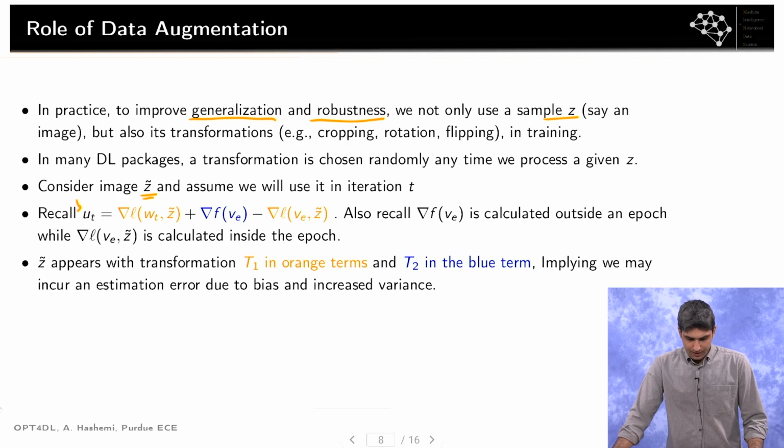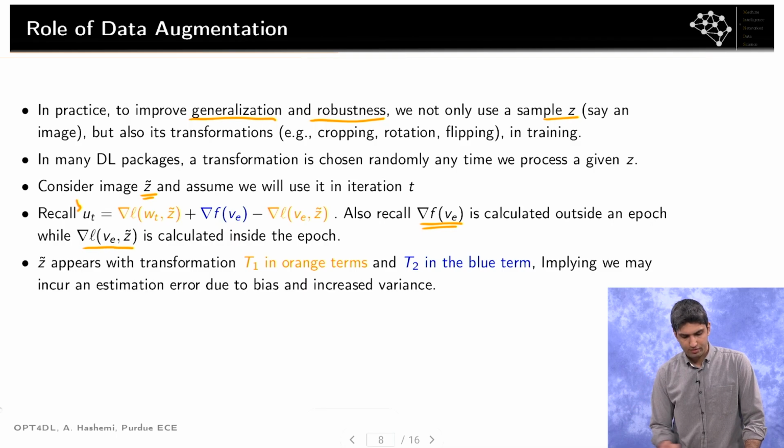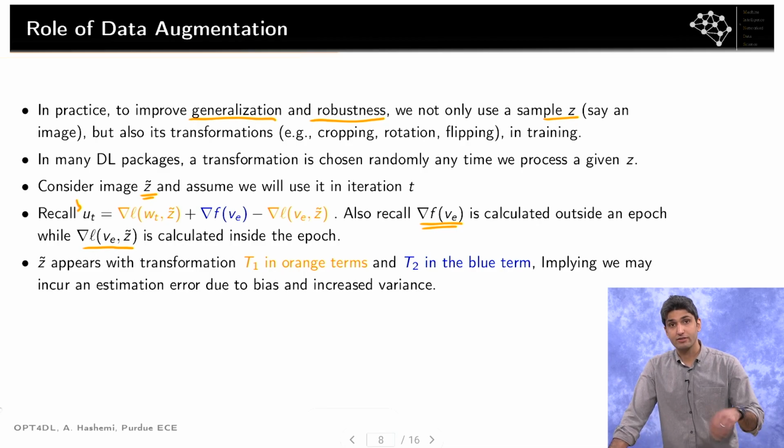Also recall that the true gradient is calculated outside an epoch, while this stochastic gradient is calculated inside an epoch, due to the epoch-based structure of SVRG.